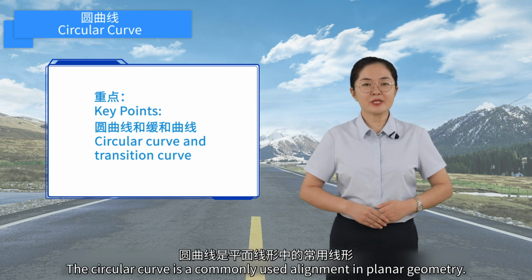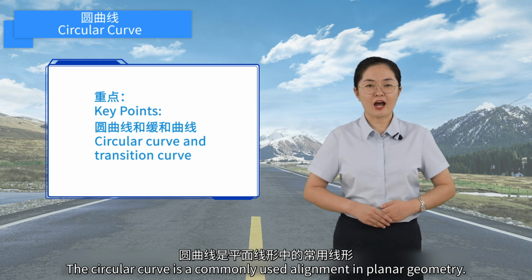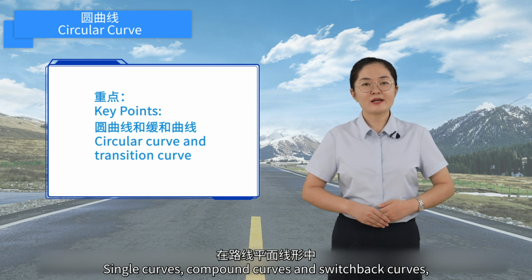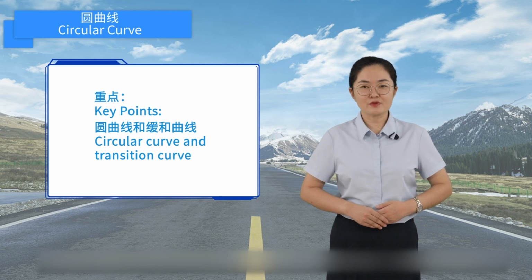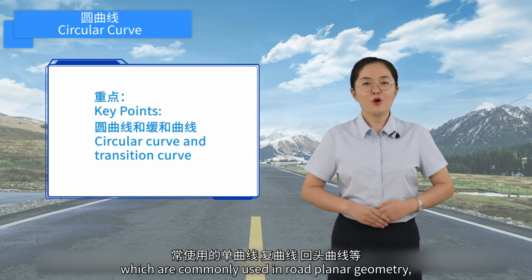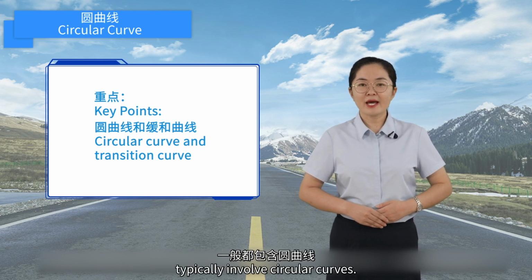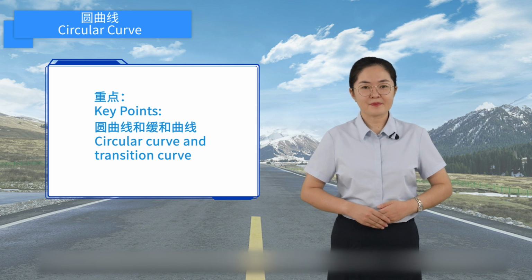The circular curve is a commonly used alignment in planar geometry. Single curves, compound curves, and switchback curves, which are commonly used in road planar geometry, typically involve circular curves.